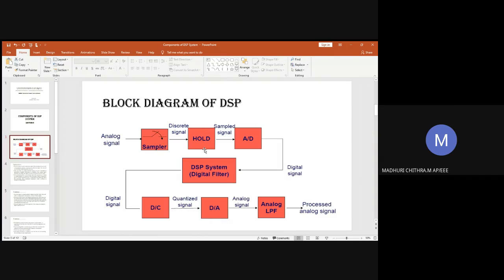Why is it given to the hold, and what is the action of the hold? The hold is used because it gives the input for the analog to digital converter. For converting from analog to digital, it gives the discrete signals as input. So the sampled signal is given to the analog to digital converter.